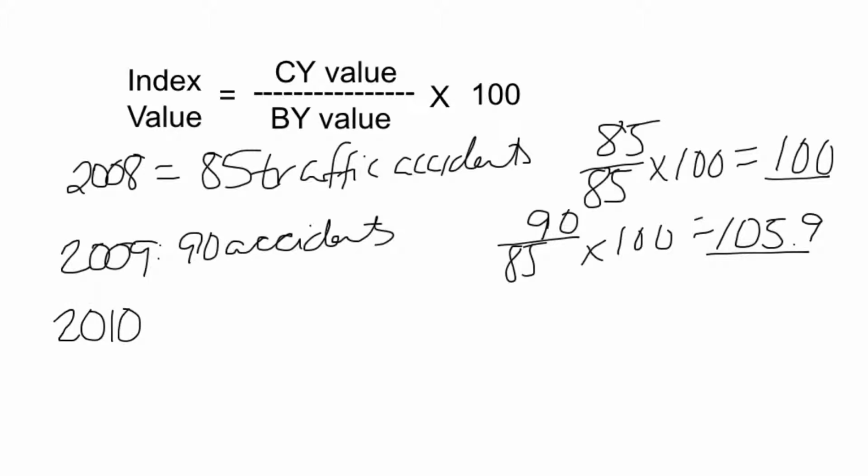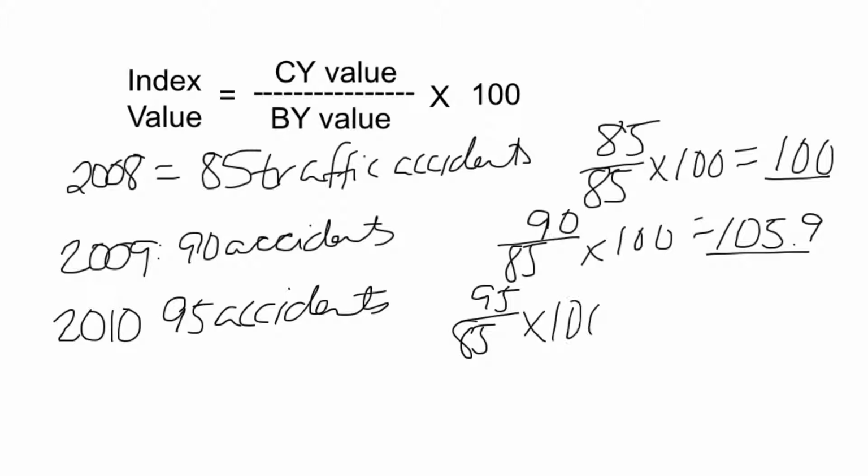So now let's go on to 2010, and they count, I guess it should say, 95 accidents. So again, we do 95 as the current year this time, over 85 base year, times 100, and now I get 111.8.